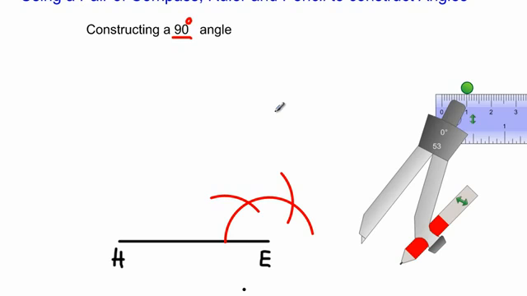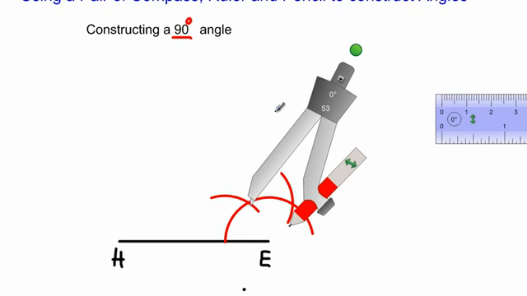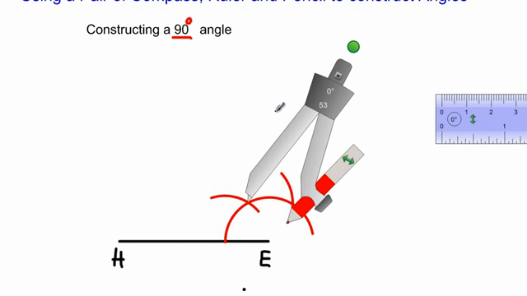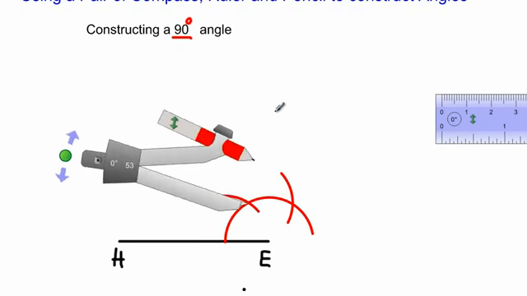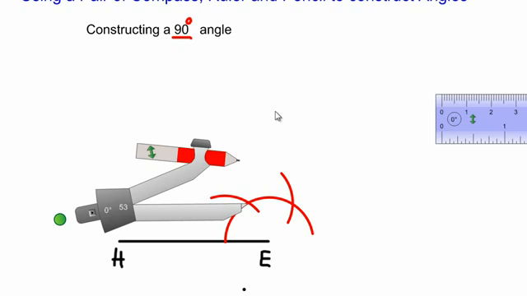So I'm going to take my compass now, same radius, just ensure that your compass hasn't slipped, and I'm going to place it right there at that intersection. Now I'm going to pull it up here. Let me change my color so that you can distinguish the arcs differently.